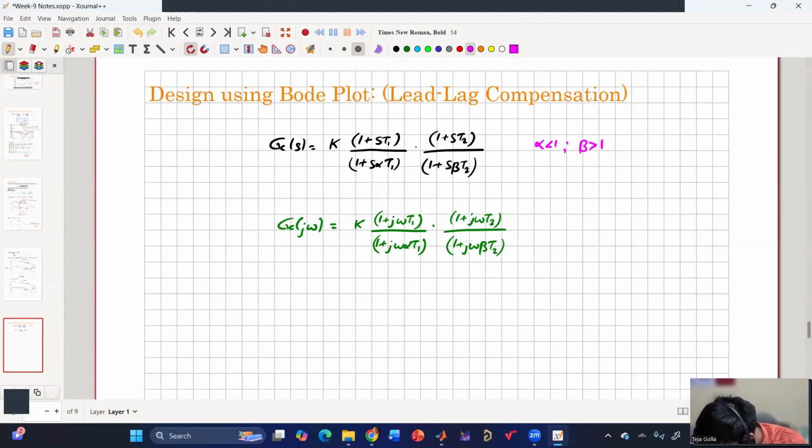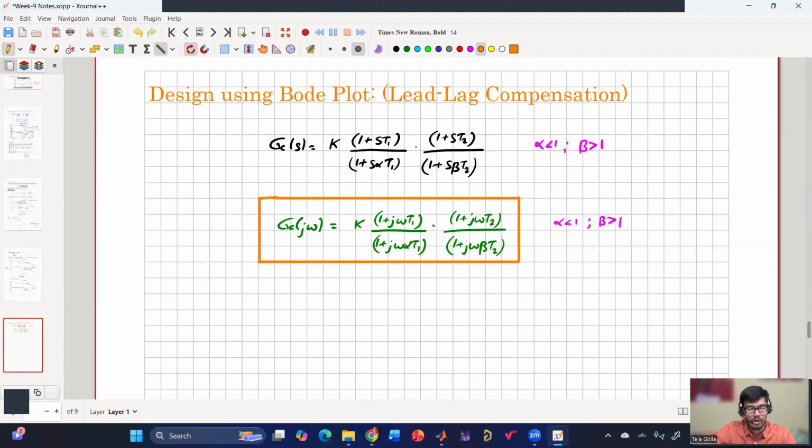And again alpha is less than 1, beta is greater than 1. So in this way, we'll get the overall transfer function.